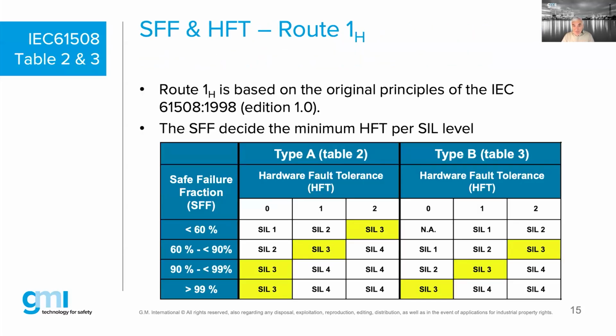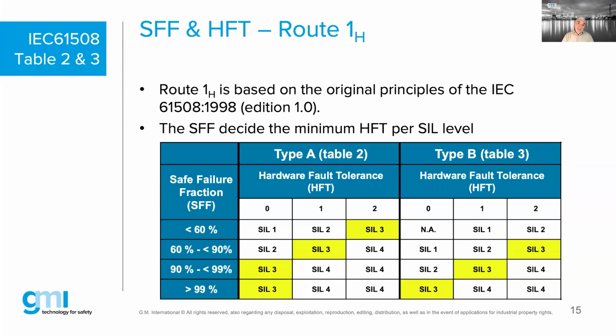This type A and type B, which are shown here in table 2 and table 3, are two different tables. In the type A table, you can see we have the numbers 0, 1, and 2. That is the minimum number of hardware fault tolerance required to withstand, in order to achieve a certain SIL class. And in the left column, we have something called safe failure fraction.